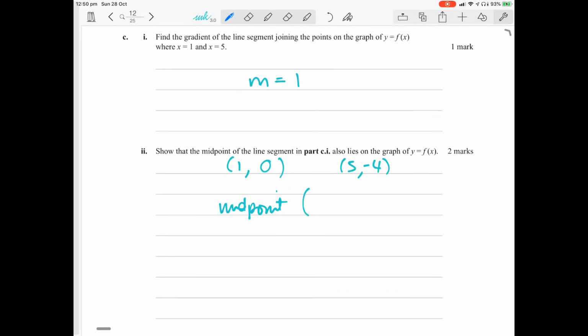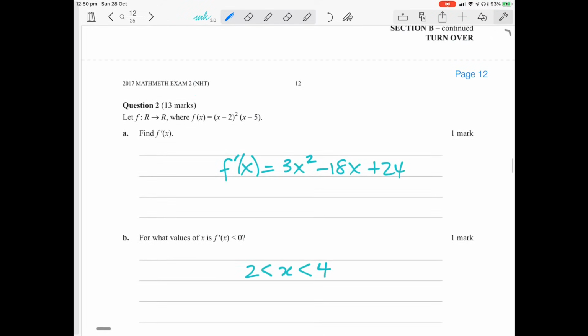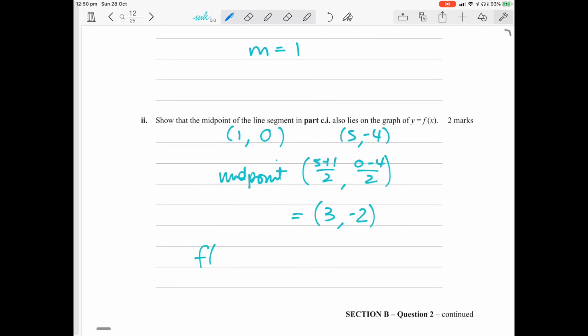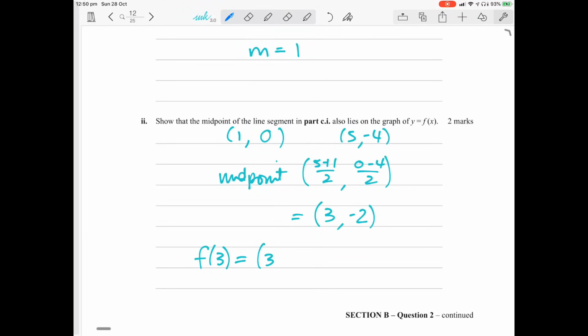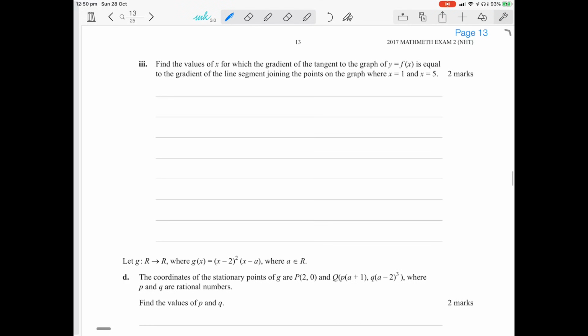Okay, the midpoint is 5 plus 1 on 2, 0 minus 4 on 2, which is 3, negative 2. f of 3 is equal to 3 minus 2 squared, 3 minus 5, which is 1 times negative 2, which equals negative 2. Therefore, 3, negative 2 lies on f of x. Not exactly rocket science, is it?